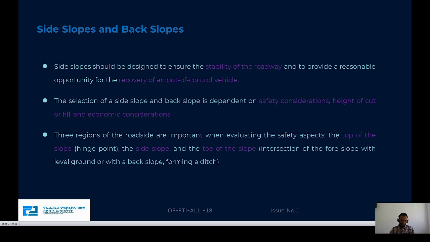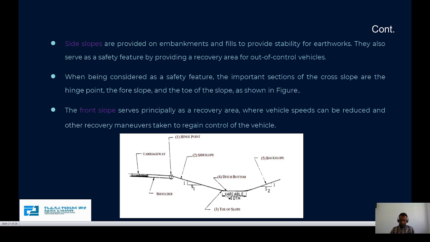There are 3 regions of the roadside that are important to evaluate the safety aspects: the top of the slope, the side slope, and the toe of the slope, as you can see in the figures. The side slope is very important. It provides stability for the earthworks.